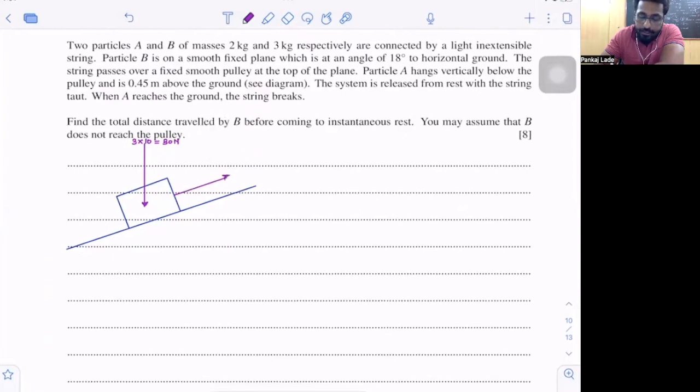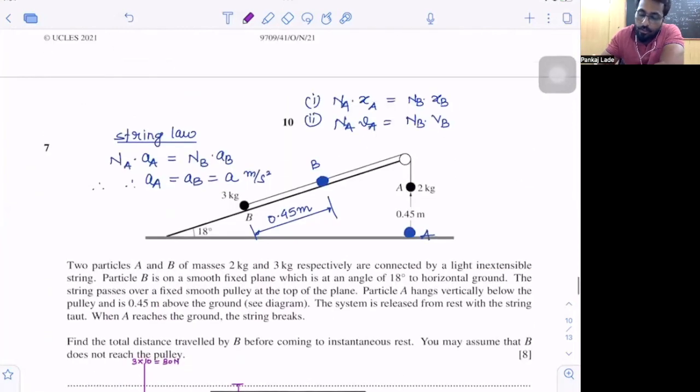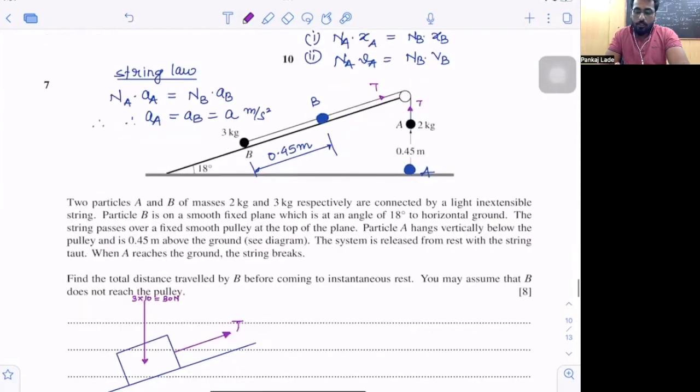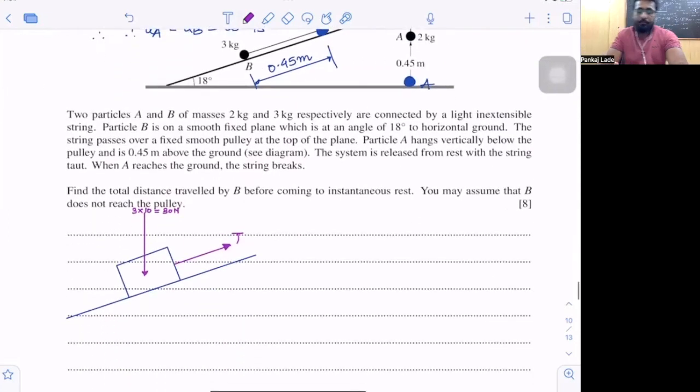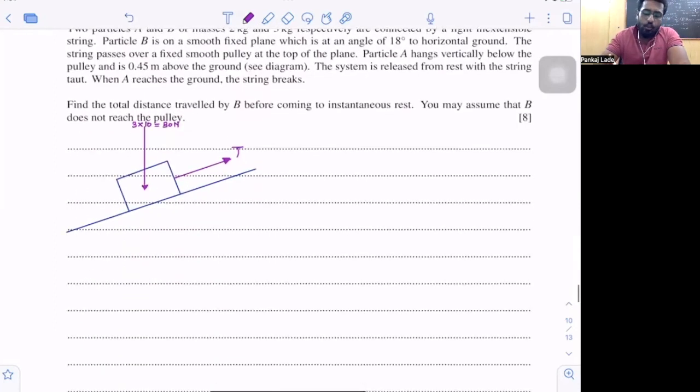This is T. B and A are both attached via the string, so on either side of the string there will be a tensile force. T is the tension. Then of course the normal reaction is going to be there. Even though it's not going to play any important part because there is no friction over here, we should show the normal reaction. This is the normal reaction.